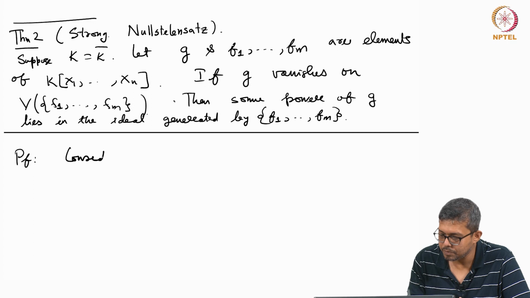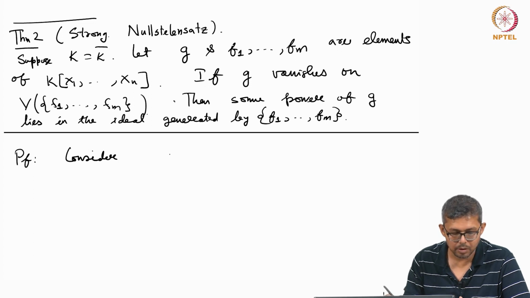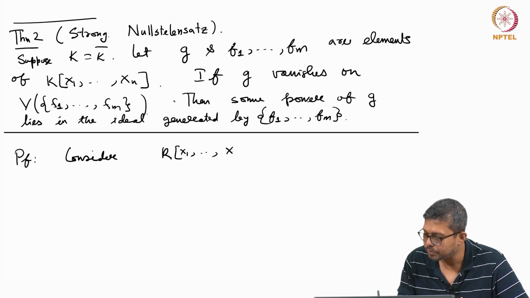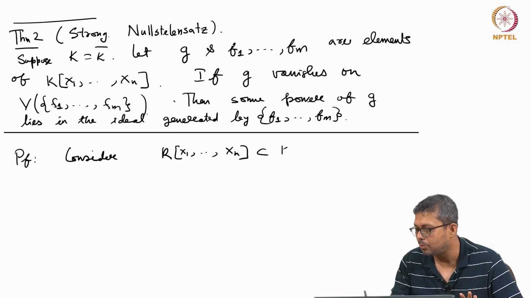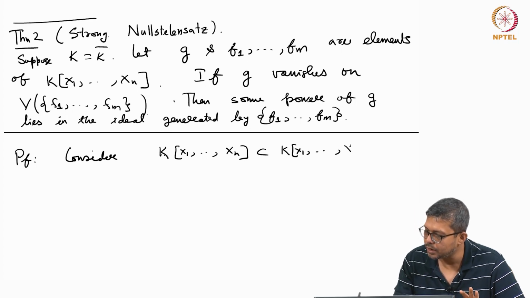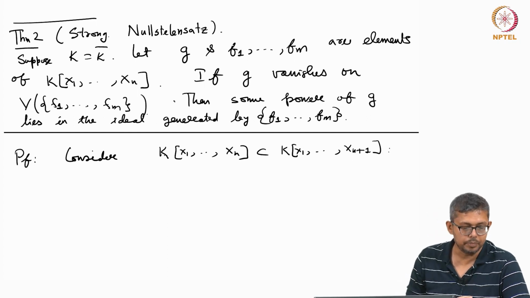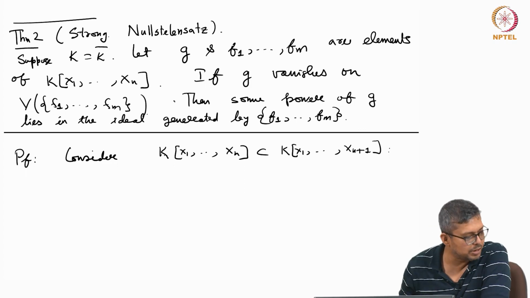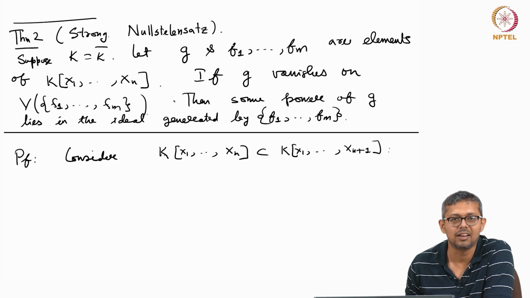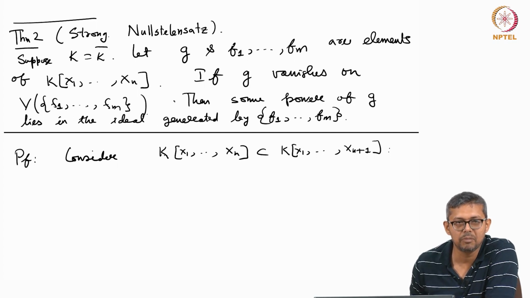So, proof. Consider K[x1, x2, ..., xn]; you embed it into K[x1, x2, ..., xn+1], you increase one variable, the natural inclusion. What I am going to use is called the Rabinowitsch trick.